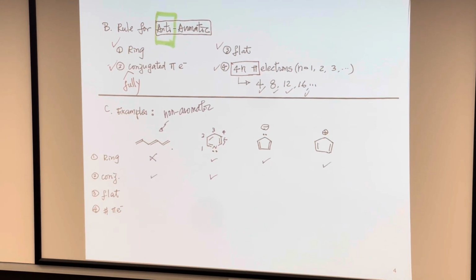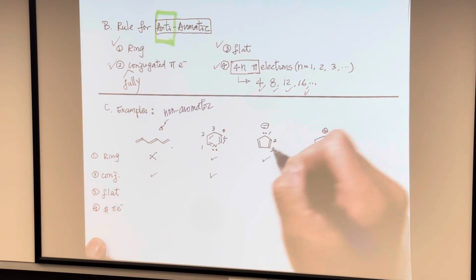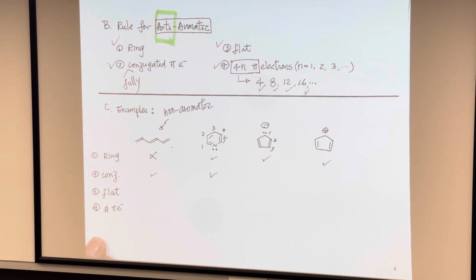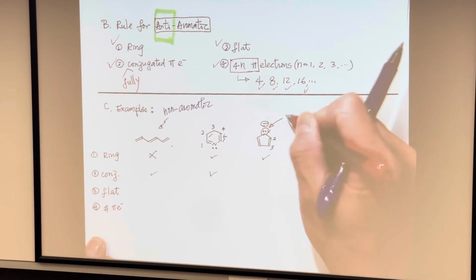How about the last one here? Oh, we discussed a 3-member ring, right? But now I just changed it to a 5-member ring. So carbon 1, carbon 2, carbon 3. 2 and 3 can talk to each other, but 1 can talk to 2 and 3 because number 1 has a lone pair. That lone pair can be in the p orbital. Okay? The 1 can be in the p orbital.